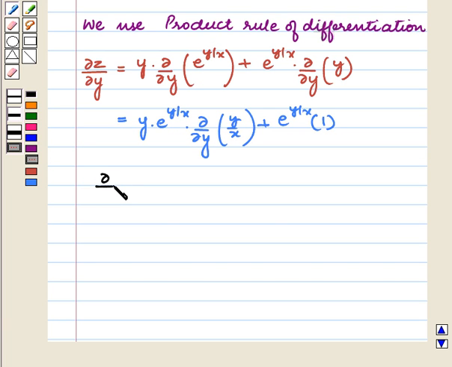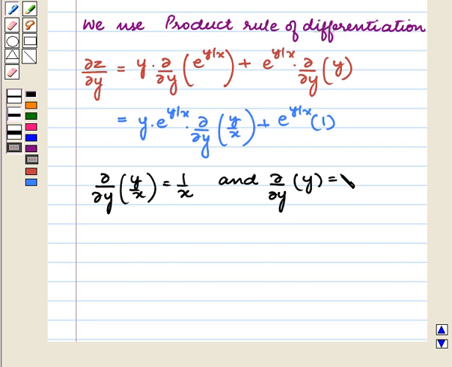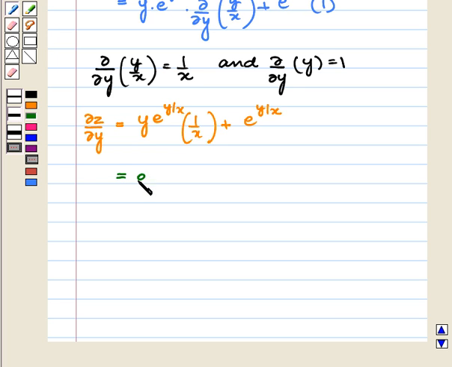As partial derivative of y by x is equal to 1 by x and partial derivative of y is 1, so now del z by del y is equal to y into e raised to power y by x into 1 by x plus e raised to power y by x, which is equal to e raised to power y by x into y by x plus 1.